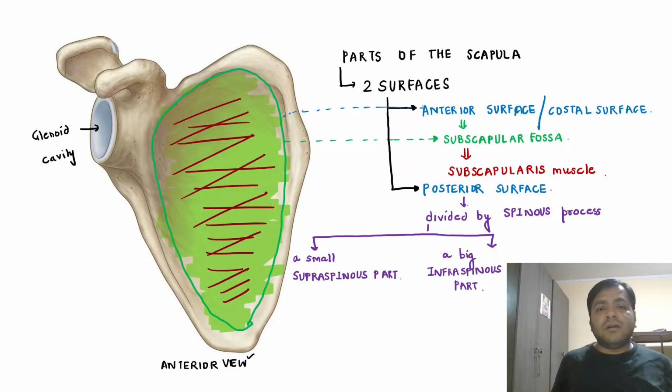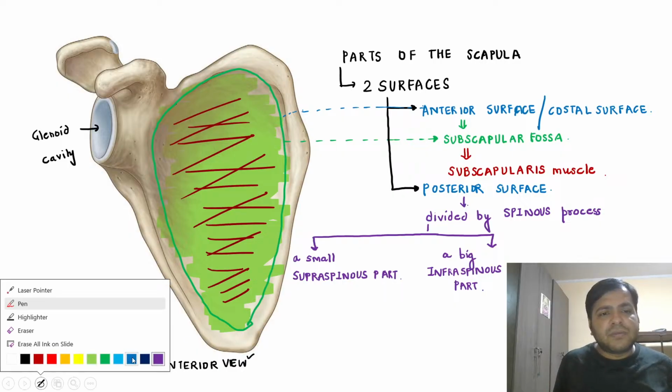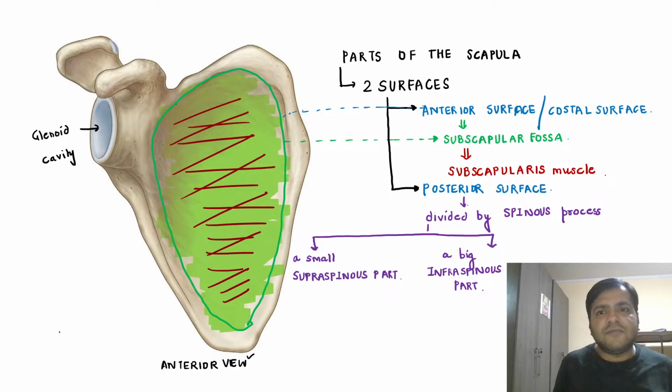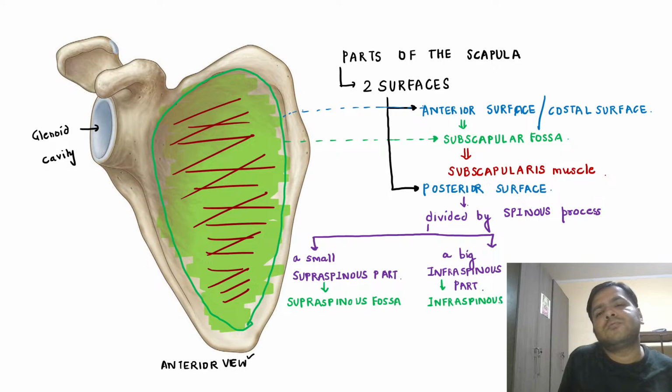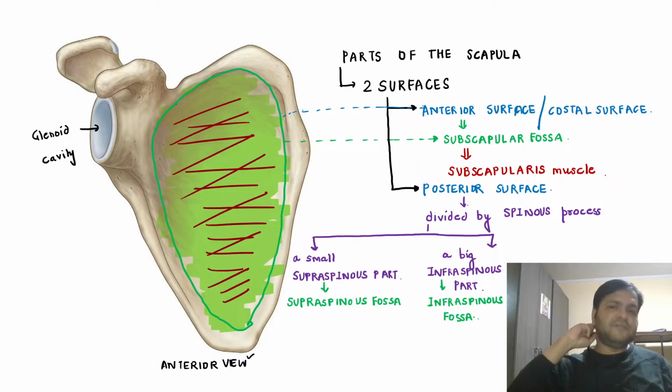Now, the small supraspinous part contains a fossa. That fossa is the supraspinous fossa. And the big part contains the infraspinous fossa.